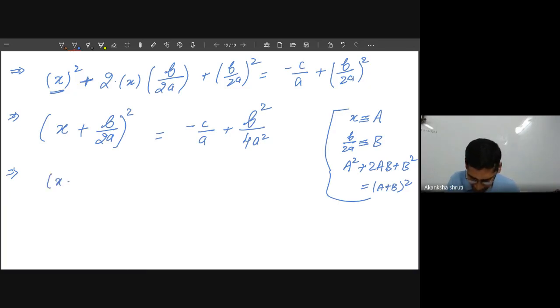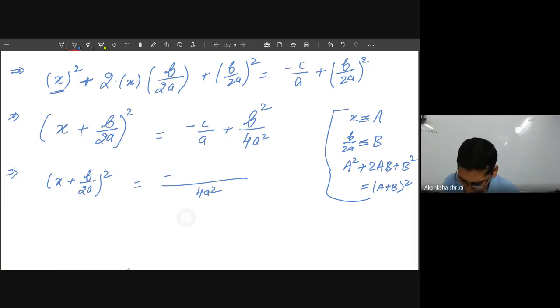So it is x plus b by 2a whole square. How to simplify this? Take the LCM. It is 4a square. For the first term on the right hand side, it is a only. So dividing 4a square by a, the remaining will be 4a. So 4a will multiply to this c.